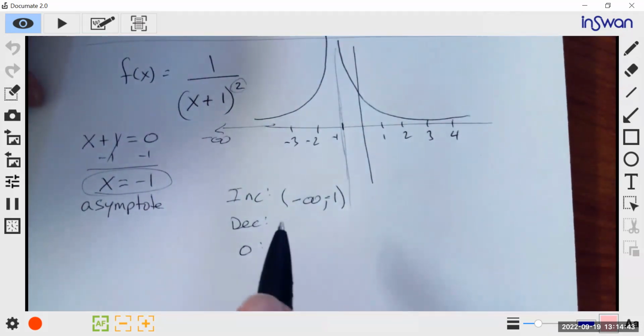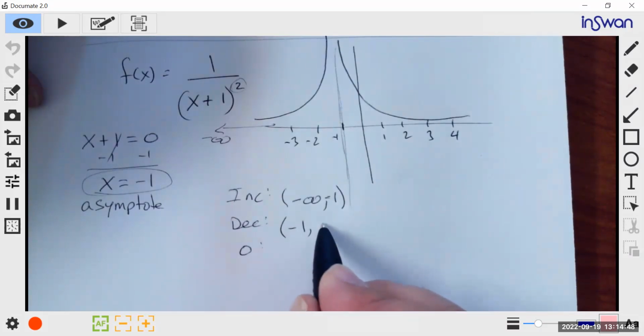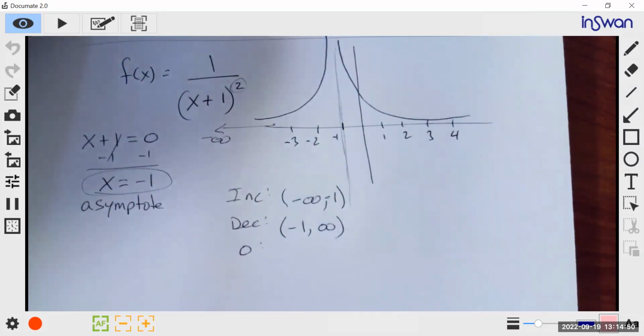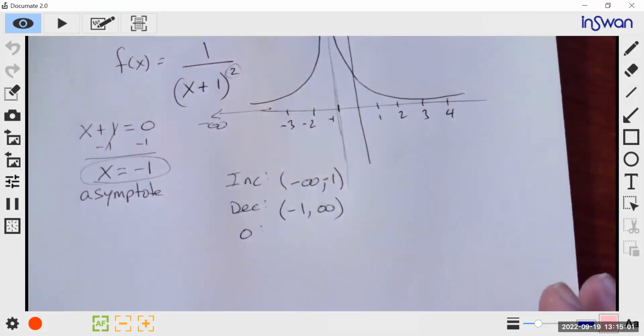And then where is it decreasing? Very good. Easy, and it doesn't have a zero anywhere, because the next one's going to have zeros.